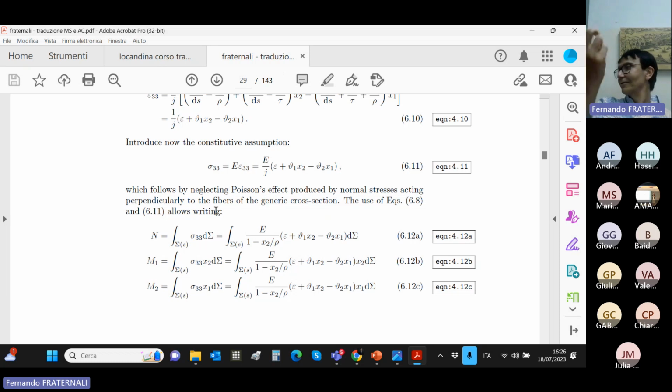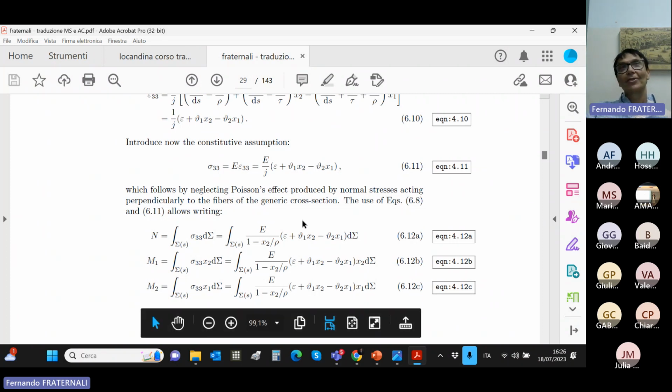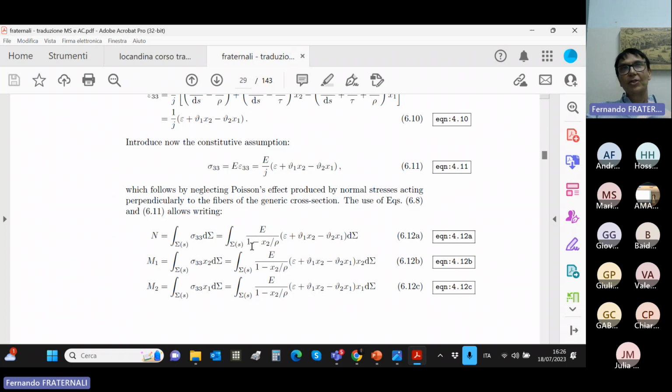We have assumed that the origin of our local coordinate system is at the centroid of the cross section, so the integral of x1 and the integral of x2, the static moments of the cross section, will be 0. Now we don't have this result. So the integral of x2 divided by j is not 0, and the integral of x1 divided by j is not 0.